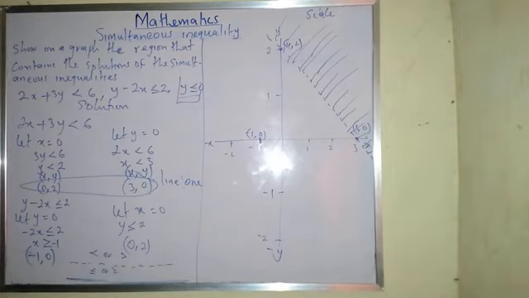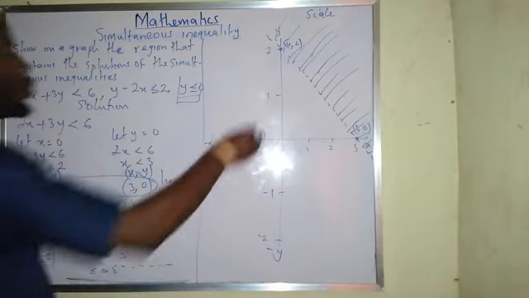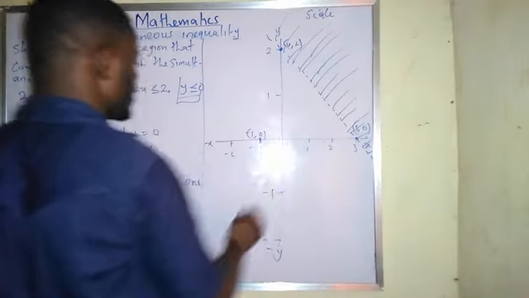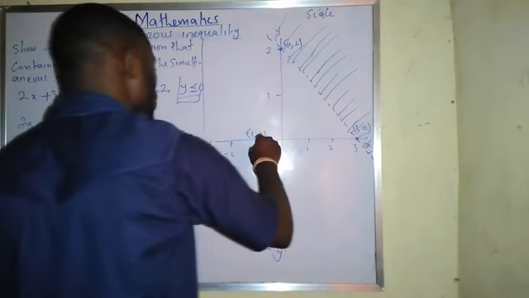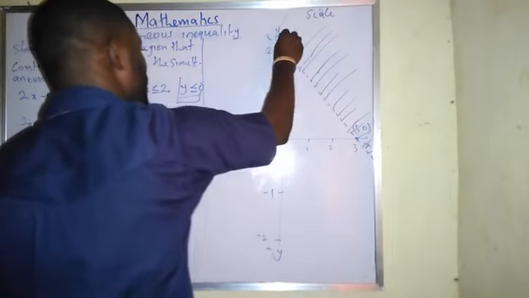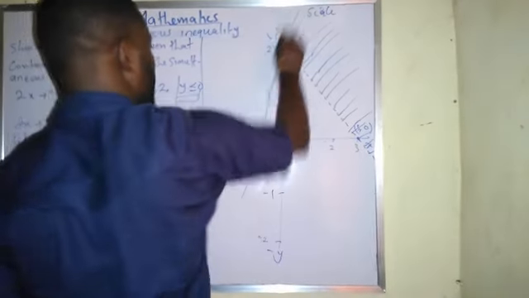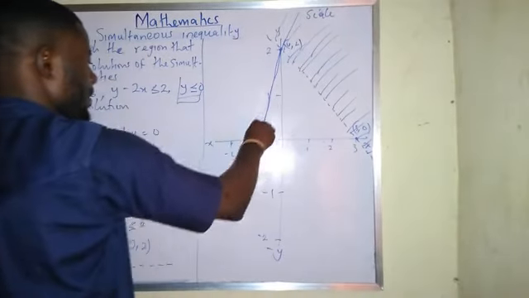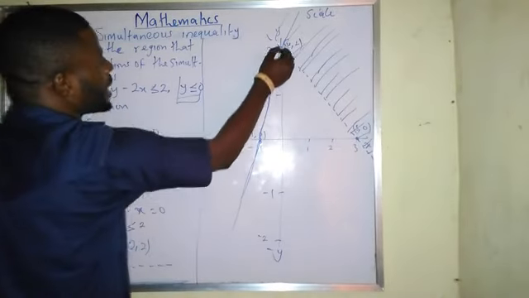That is the point. And I'm also talking about (0, 2), which is the same point. Now, since it's using greater than or equal to, I will join the line together to be a straight line. Now, I've joined the two lines together.